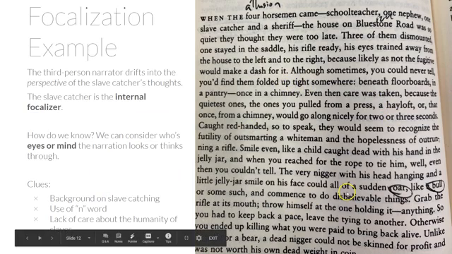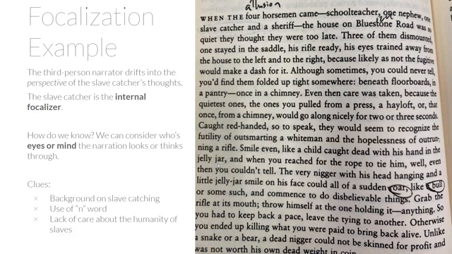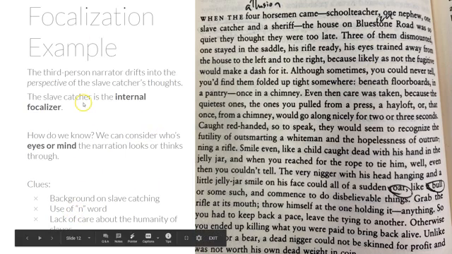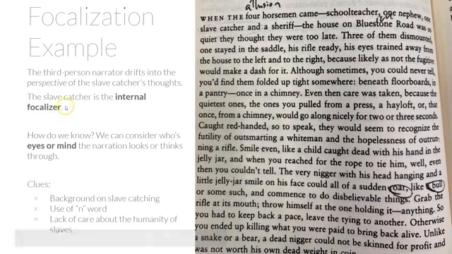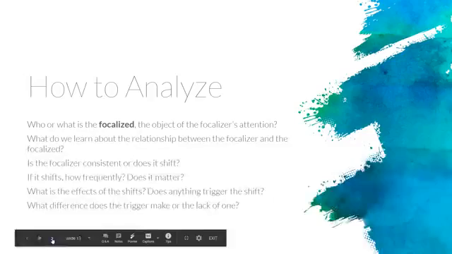He uses the N-word. He also lacks care about the humanity of the slaves because he talks about the lack of profit that you could get from bringing back a dead slave. So all of those things are clues that we are inside the internal focalizer of the slave catcher.